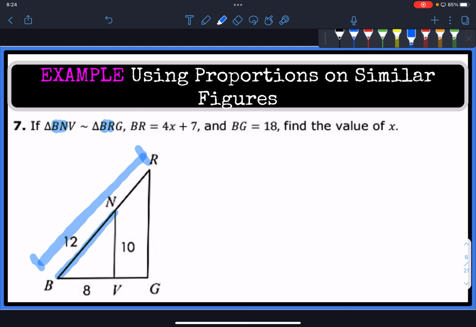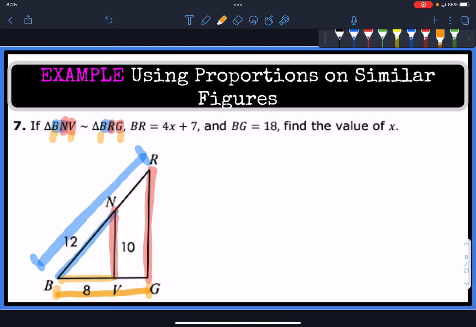And similarly, the distance from N to V, this one right here, that corresponds to this distance from R to G, which is this side right here. And the distance from N to V, which is this distance right there, that corresponds to the distance from B to G. So all the way over here to B, all the way to this distance right there to G.